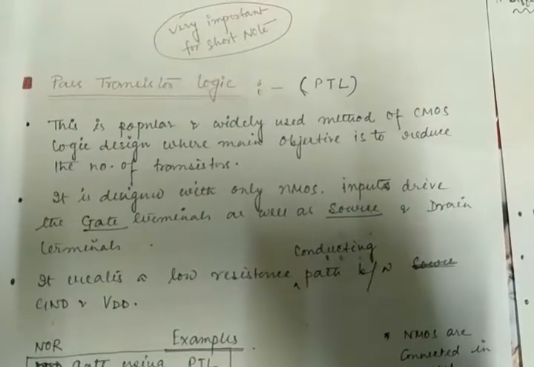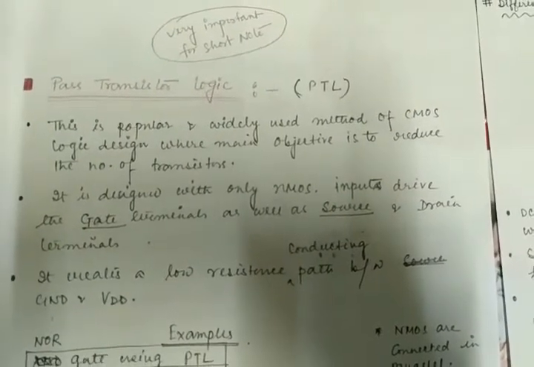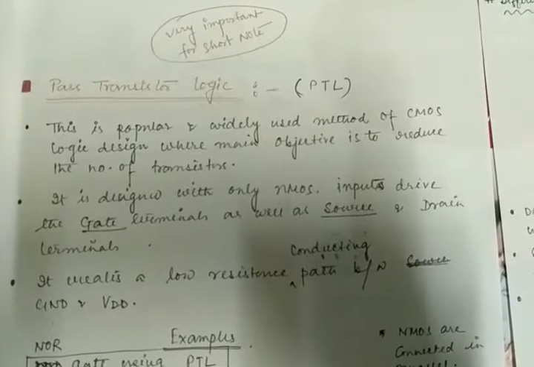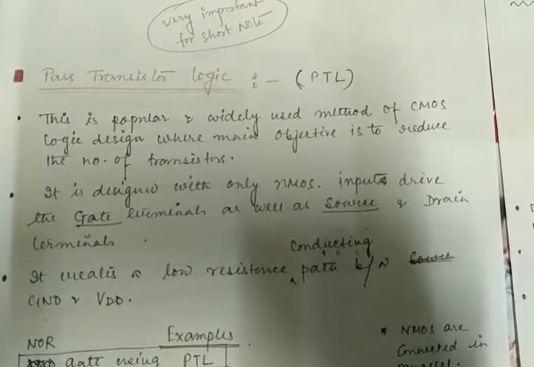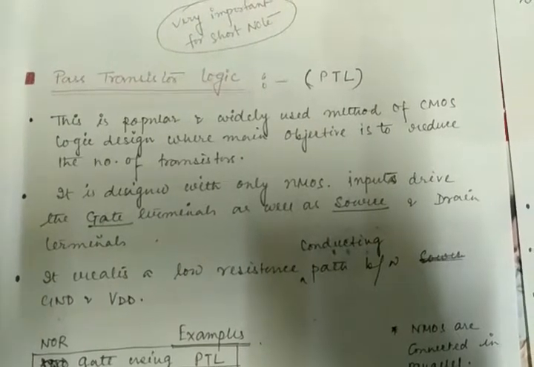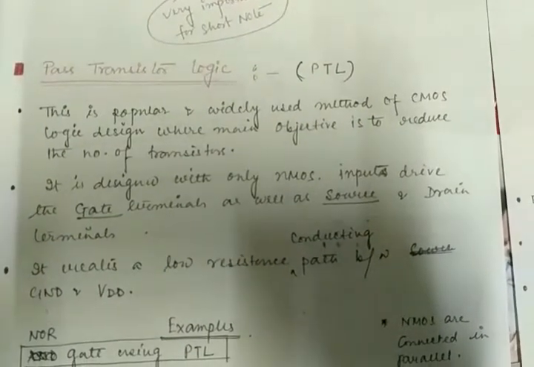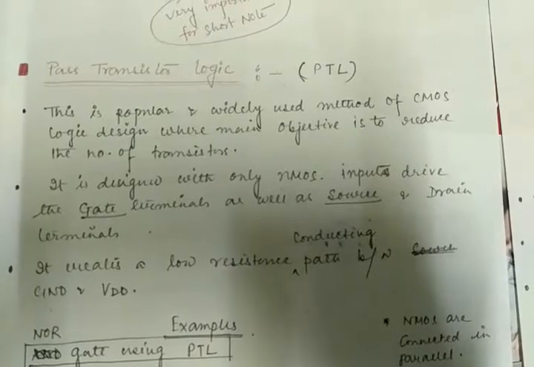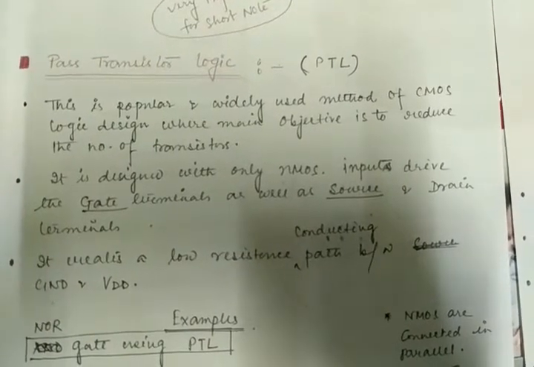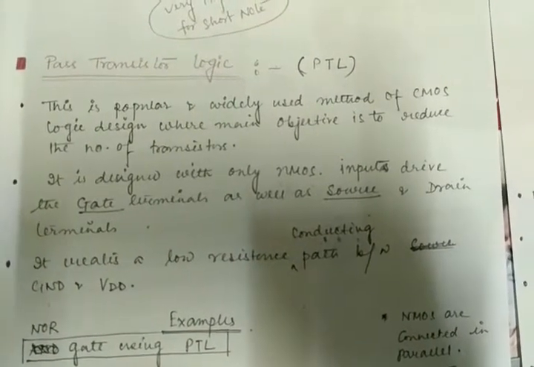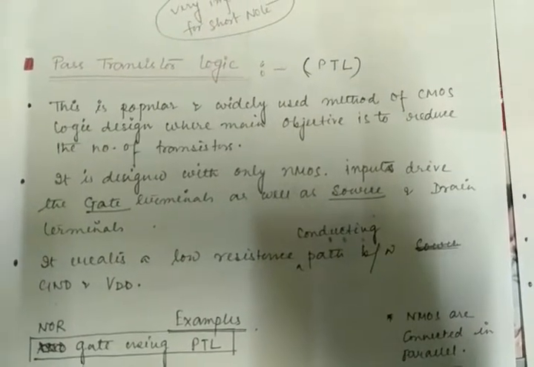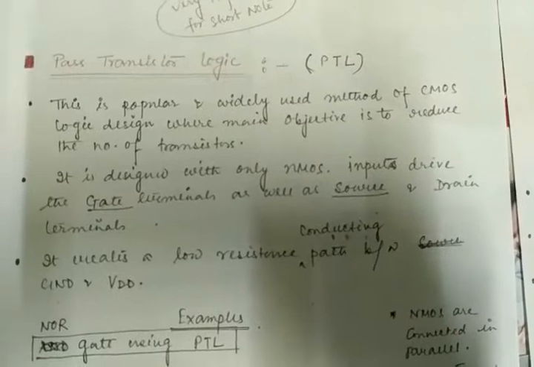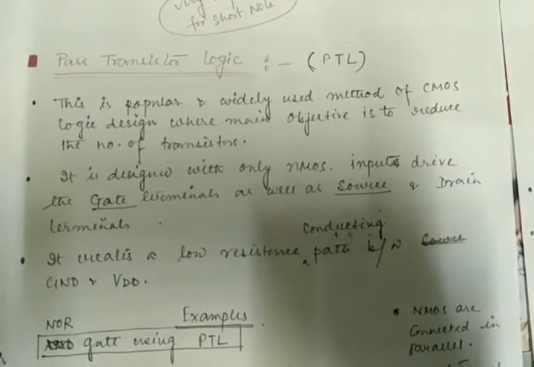Please note that this is the most popular and widely used method of CMOS logic design, with the main objective of reducing the number of transistors. I have already written this in the description part. It is designed with only NMOS. Inputs drive the gate terminals as well as the source and drain terminals. So if we design it with only NMOS, we will control the gate terminal, as we discussed in the TG logic.